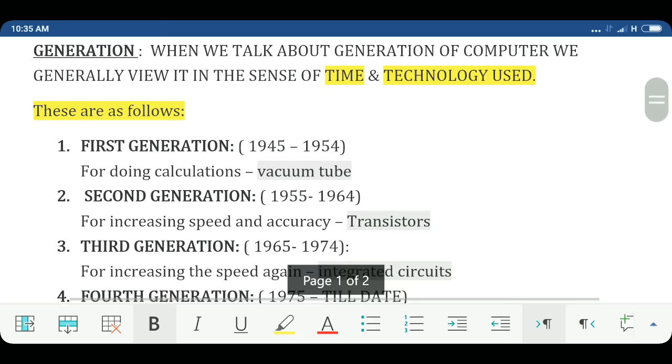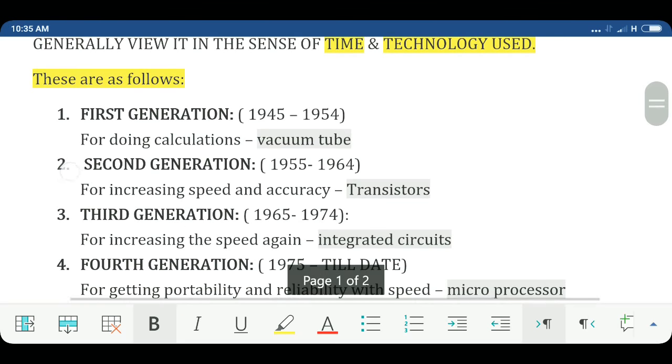The first generation was from 1945 to 1954. It was of 10 years, and you have to focus on a particular feature of the first generation. You don't need to study in depth or go into the theory aspect.